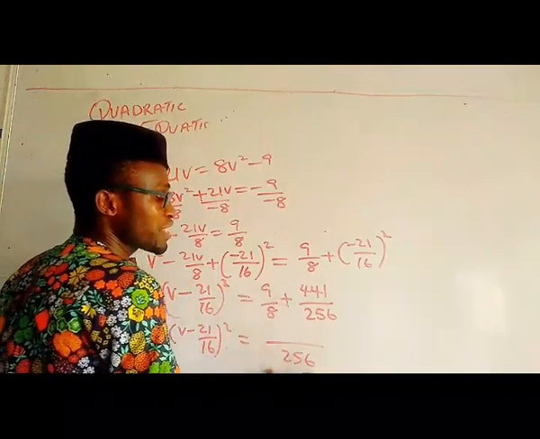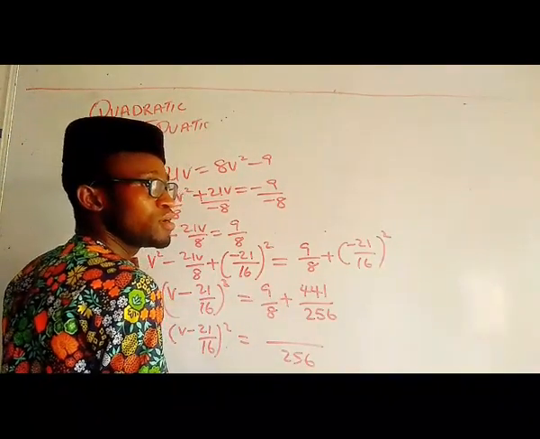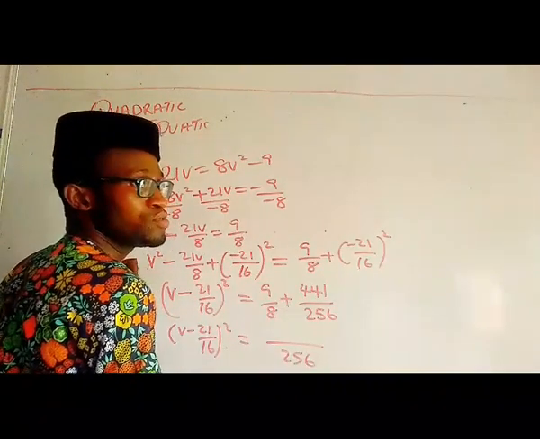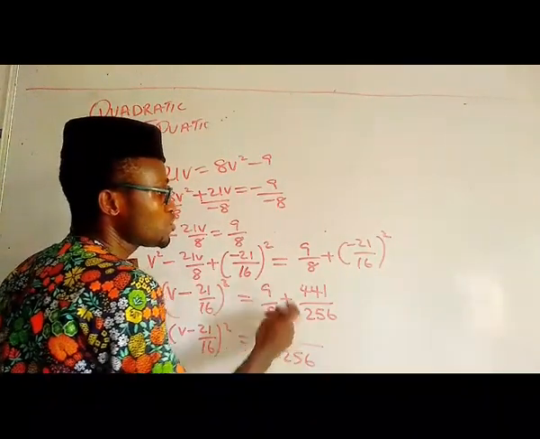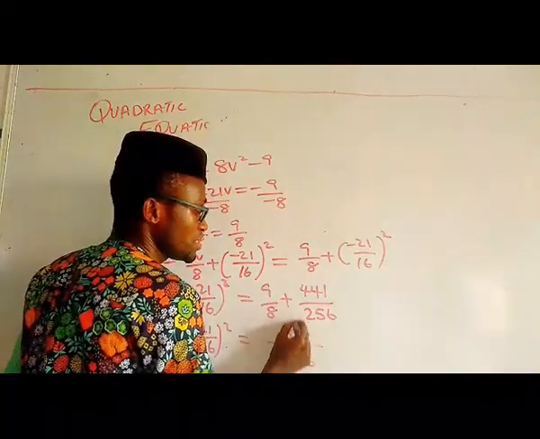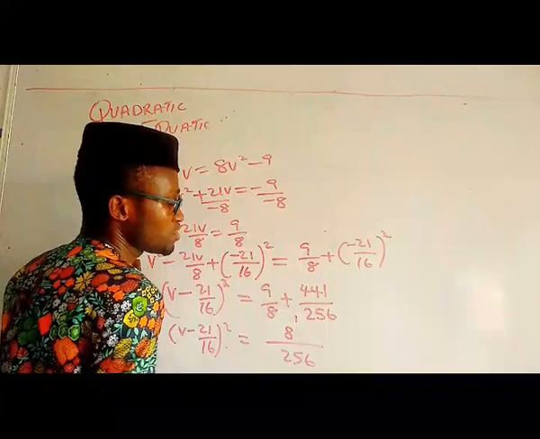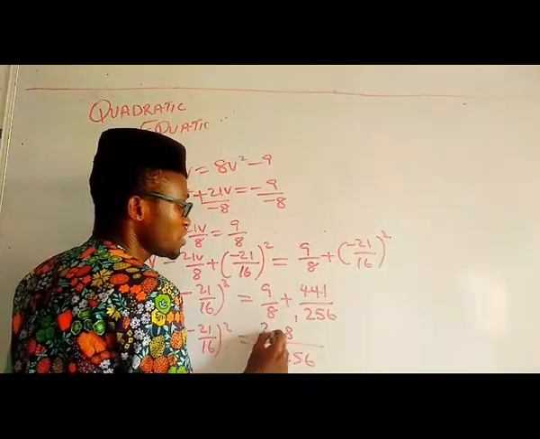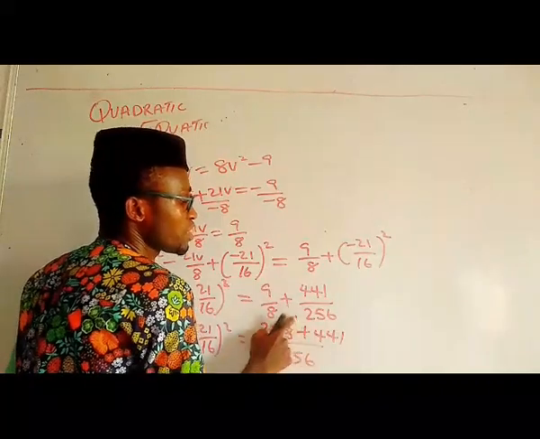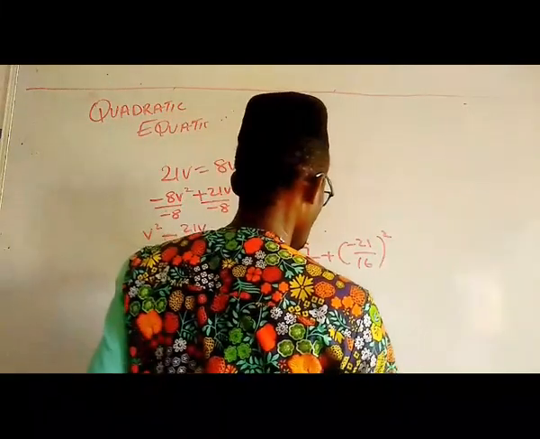Now how many 8s can we find in 256? We are going to find 32 8s in 256. Now 32 times 9: 9 times 2 is 18, carry 1, 9 times 3 is 27, that is 288, plus 441.